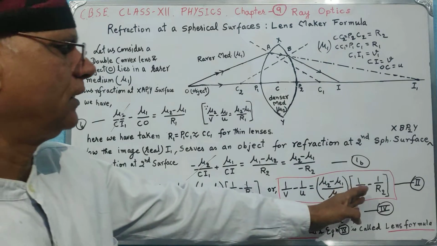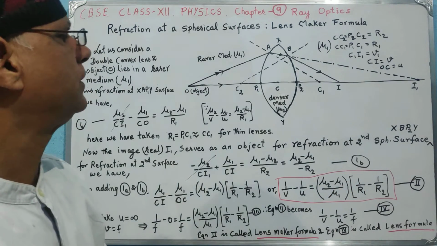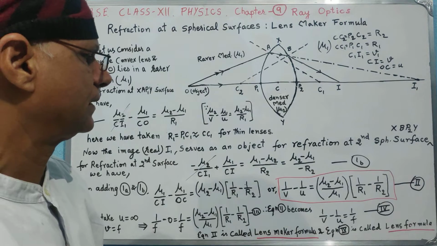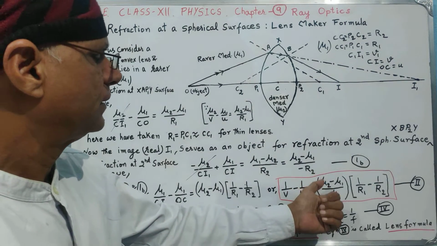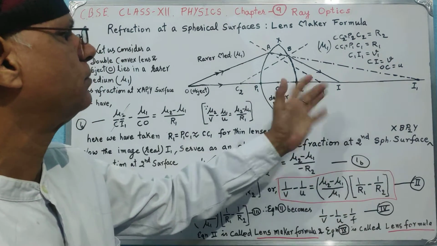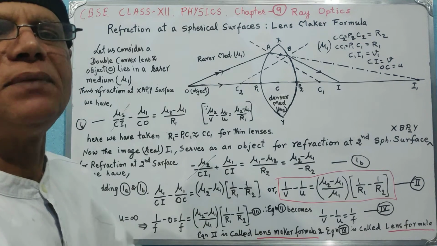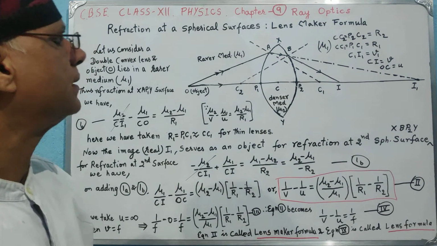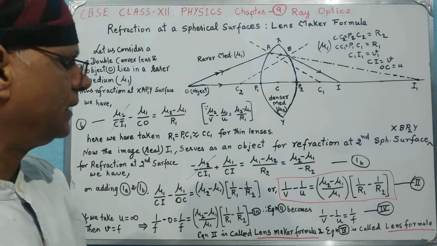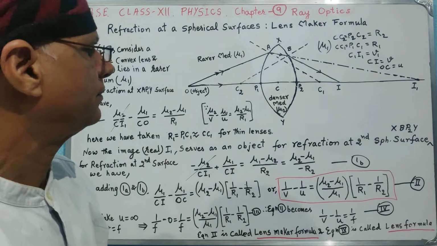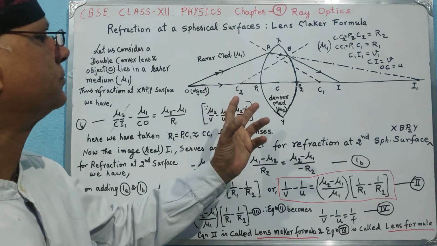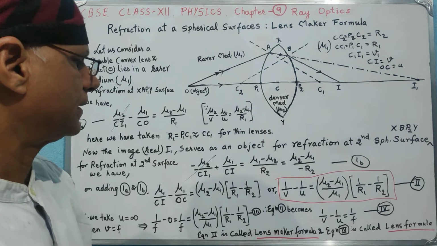So it is not only the radius of curvature which will decide the focal length of the lens, it is also the absolute refractive index of the two mediums, the medium of the lens itself and the medium surrounding it, that will decide what will be the focal length of the given lens.